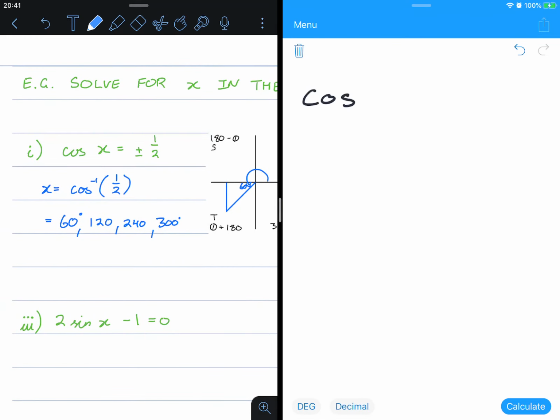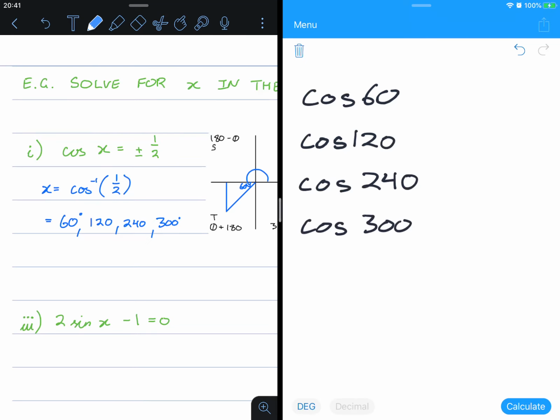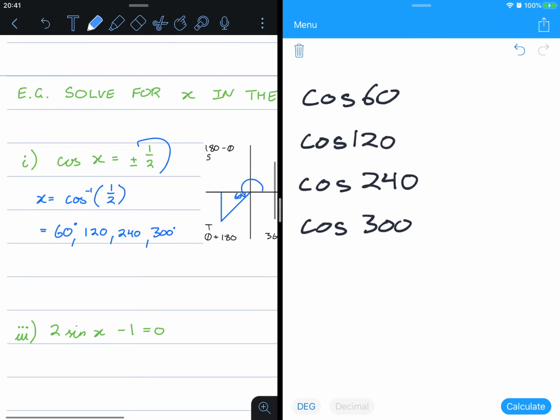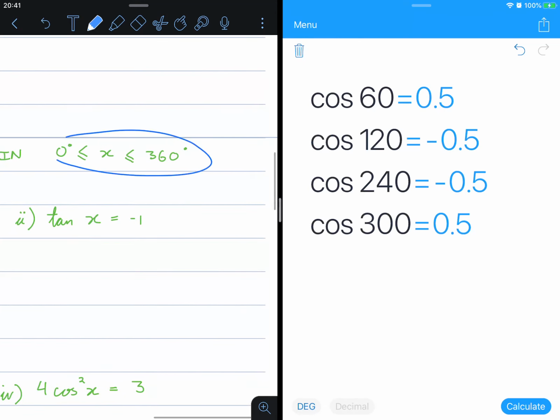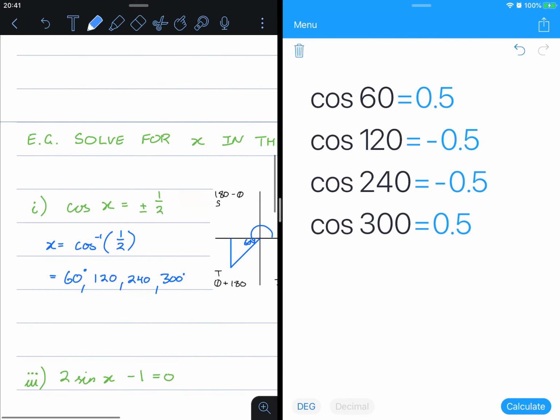If we do cosine of 60, cosine of 120, cos 240, and cos of 300. These four answers should be plus or minus half, otherwise I would have done something incorrect. There we go. So these four solutions are in between 0 and 360 degrees, and when we substitute them for x, those answers give us plus or minus half.